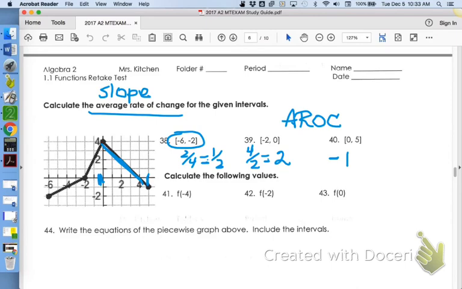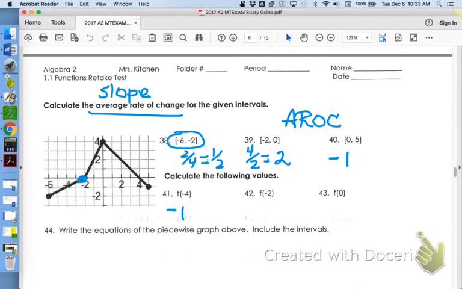Okay, next we're going to calculate the values. We've done this earlier in this video. What is the value of y when x is -4? So I'm going to find -4. I'm going to drop down and read the y value, and it's -1. Next, what is the value of y when x is -2, right here?